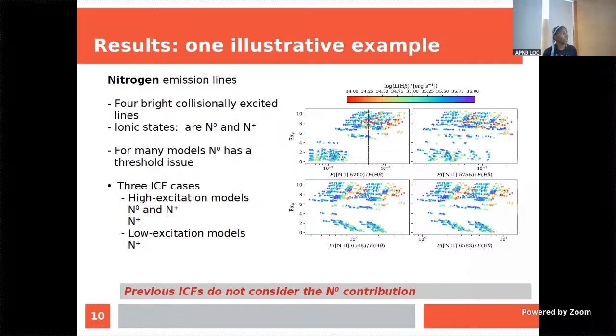In this case, you can use these 2 lines or only this one because of this exception here. And in the case of the low excitation models, we only observe these species. Another important thing is that the other ICFs that are available do not take into account this line.